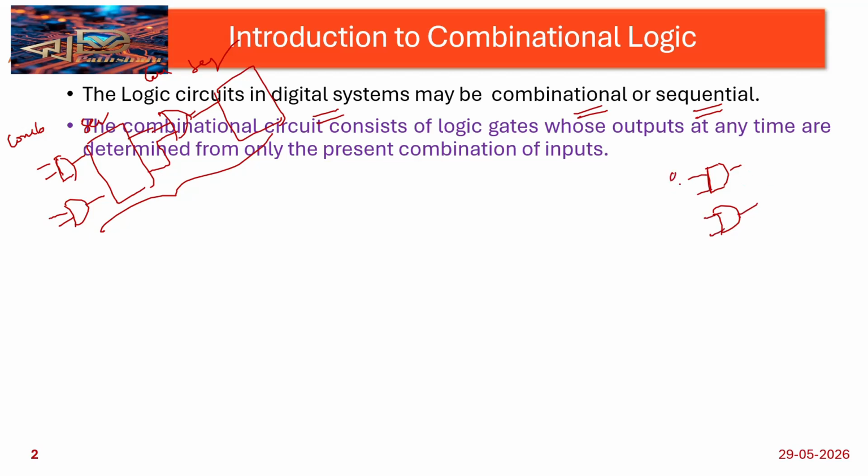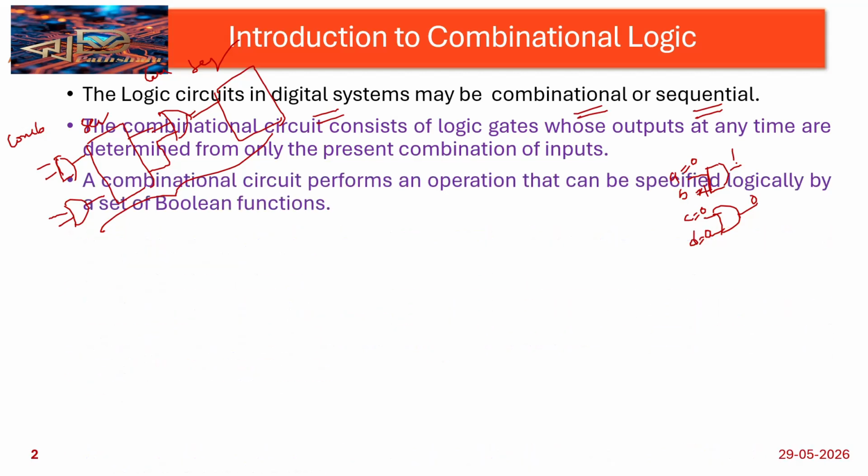So A, B inputs and C, D inputs we are giving. If A equal to 0, B equal to 1, C equal to 0, D equal to 0, then you get the output immediately without any further delay, right? That is the combinational circuit we are talking about. Combinational circuits also perform different types of operations by using some Boolean functions.